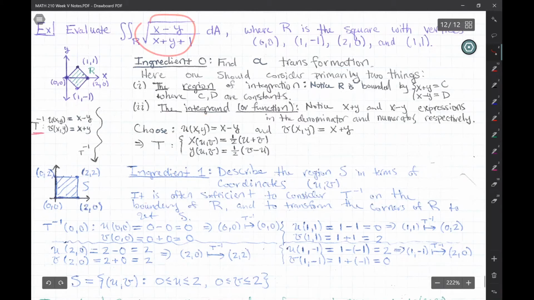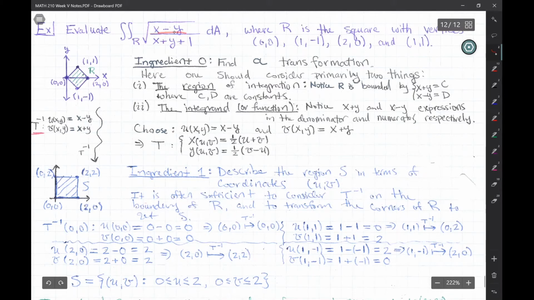Looking at this over here, we see that the numerator has an x minus y, and the denominator has an x plus y. Well, that'd be really nice, because if we had new coordinates that were equal to x minus y or x plus y, then we could separate out the numerator and denominator.